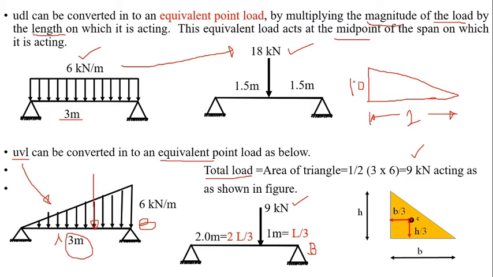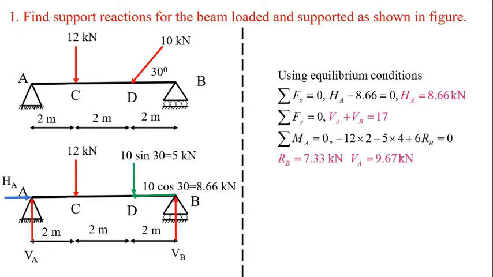So, it will be equal to 10 kilonewton load, equivalent point load, and this load will act at a distance of 2 by 3, L by 3, from the maximum load intensity. Okay. So, in this way equivalent point load can be obtained from UDL or from uniformly varying load.